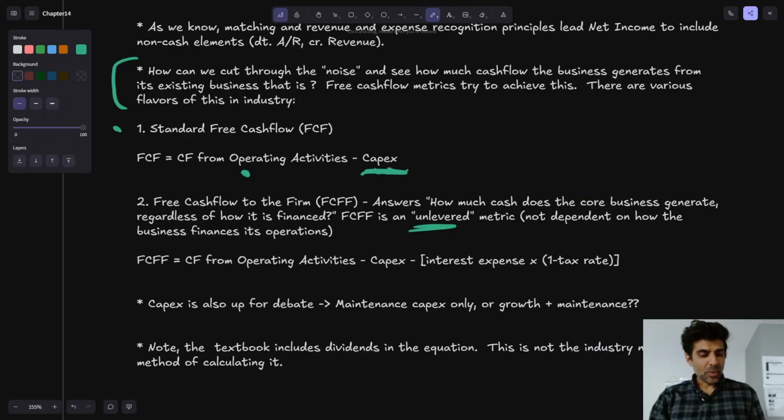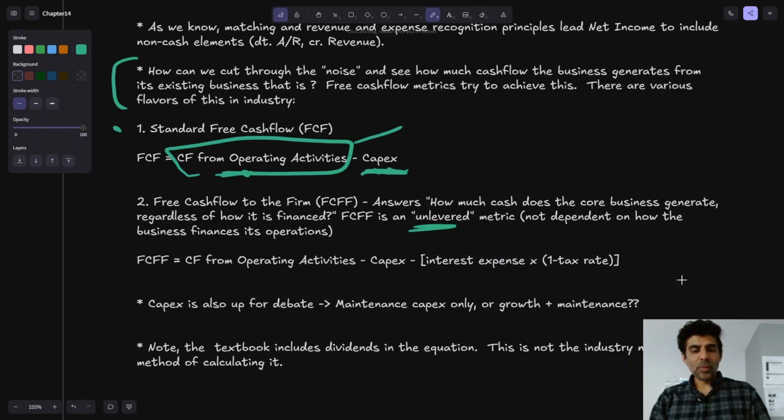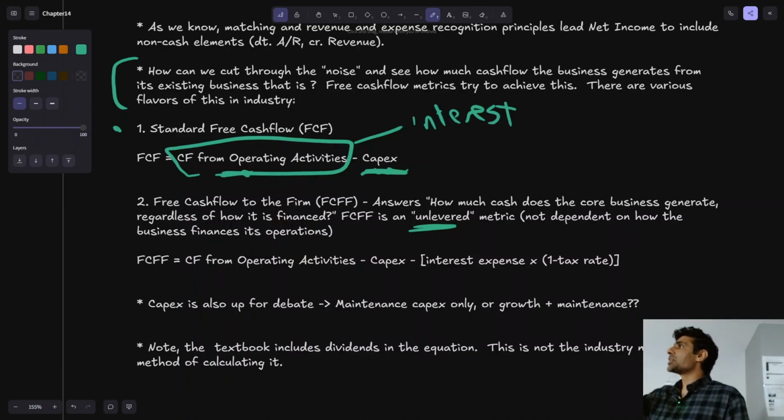And so what you're doing is, because again, the problem with cash flow from operating activities is that it has interest expense. How much cash interest are you paying? So a company could have the exact same operations, but if it borrowed more money, it's going to have a lower cash flow from operations than a company that didn't borrow. So this next one, they're trying to adjust for that financing decision.